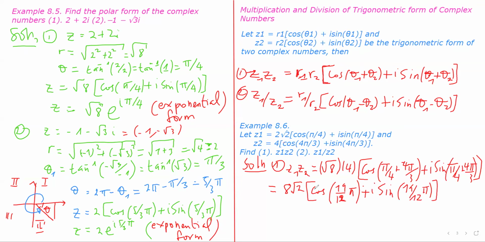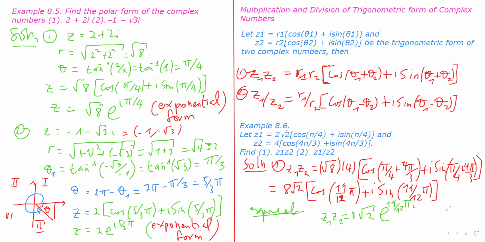And then of course, we can write it in exponential form as well. In exponential form, z1 z2 will be 8 square root of 2 e^(19 over 12 pi i).